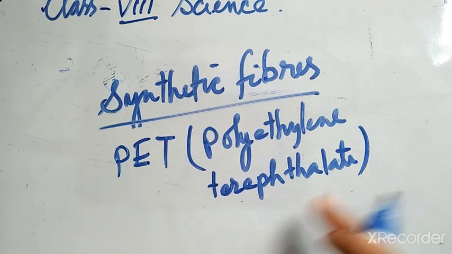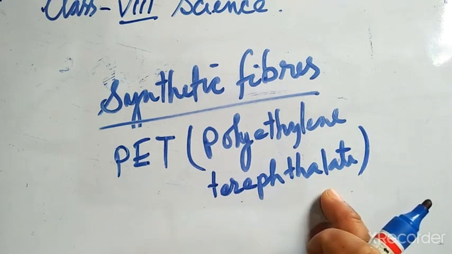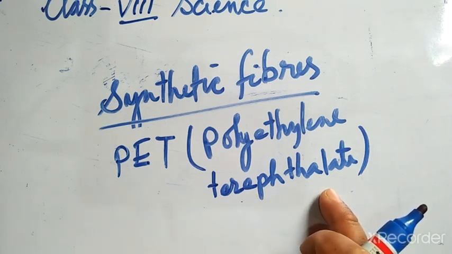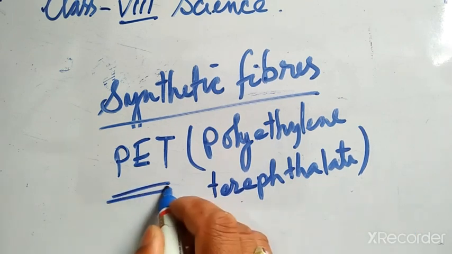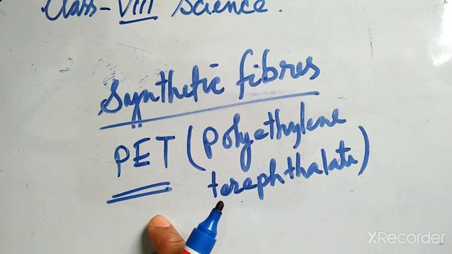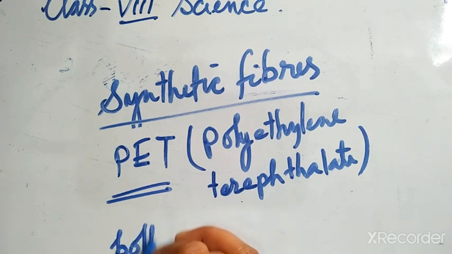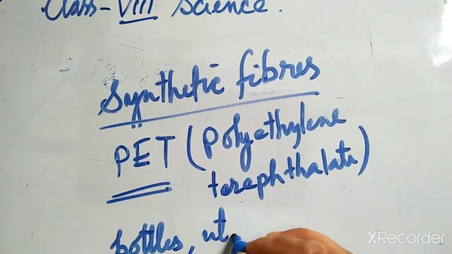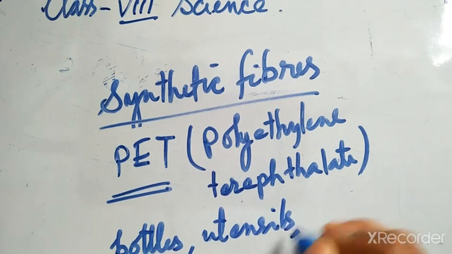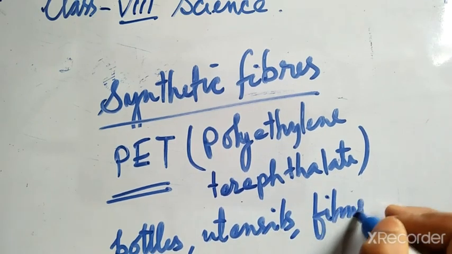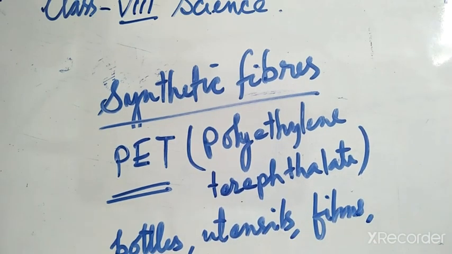This is a very familiar form of polyester, and it is used for making bottles, utensils, films, and wires, and many other useful products.